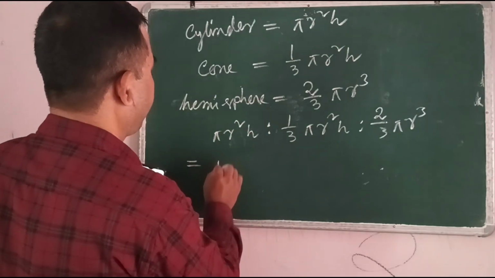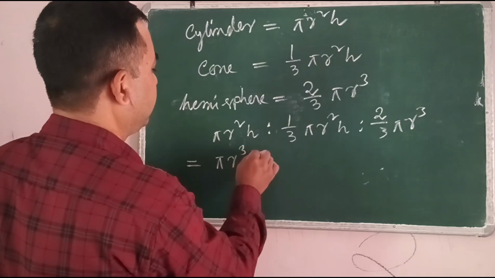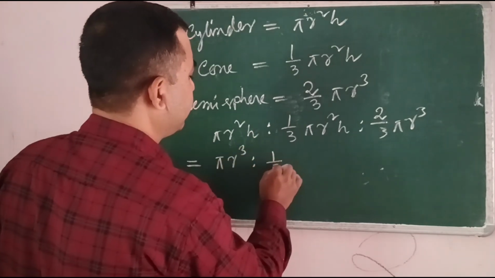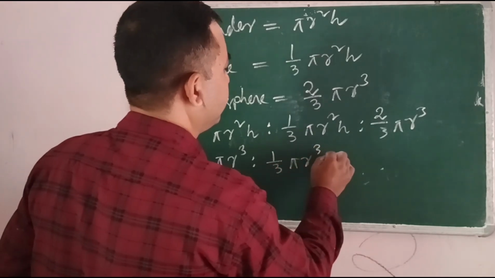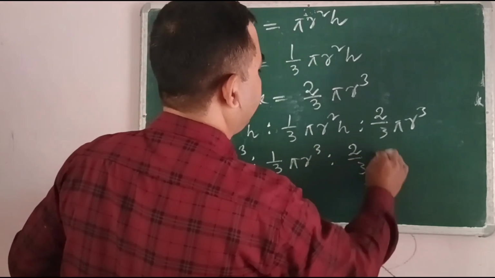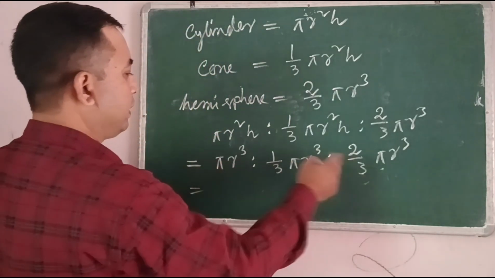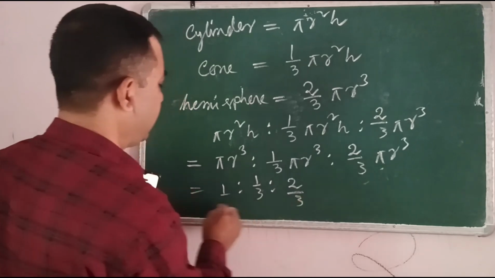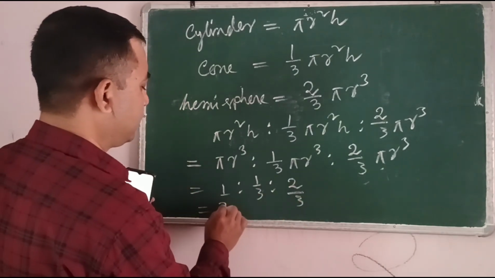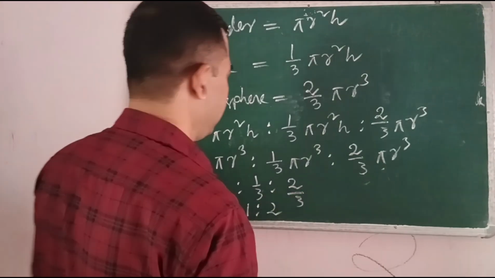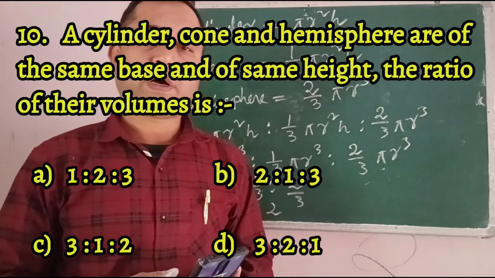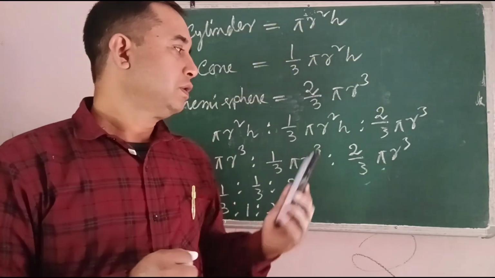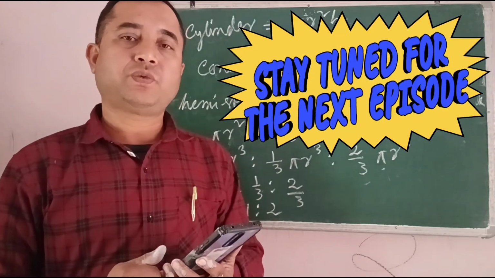So we can write now pi r cube is to, in place of h we are writing r, 1/3 pi r cube is to 2/3 pi r cube. So pi r cube will be cancelled. So what remains? 1 : 1/3 : 2/3, and when we calculate we will get 3:1:2. So the correct option is C, 3:1:2.